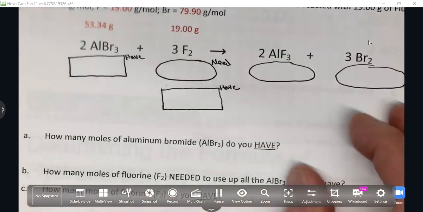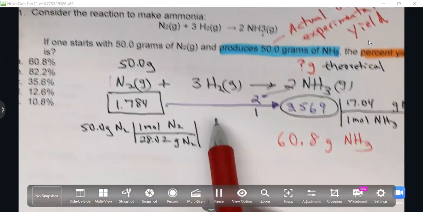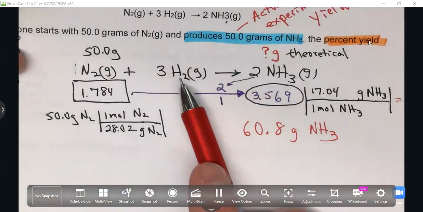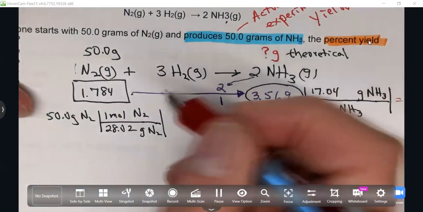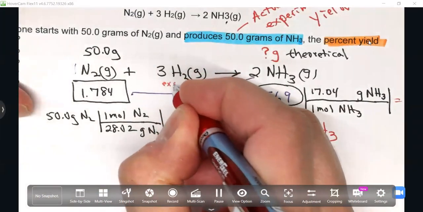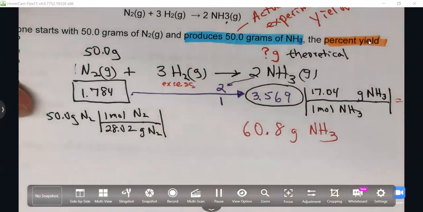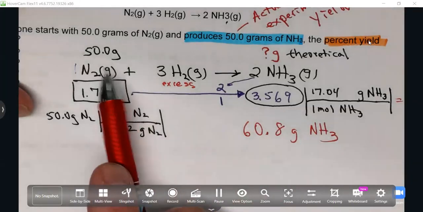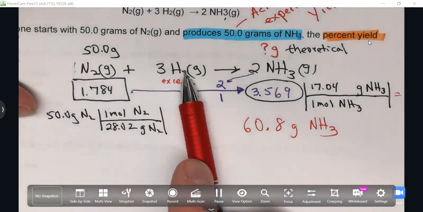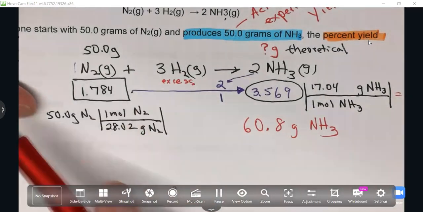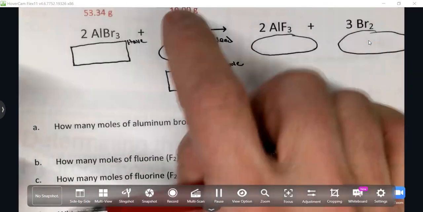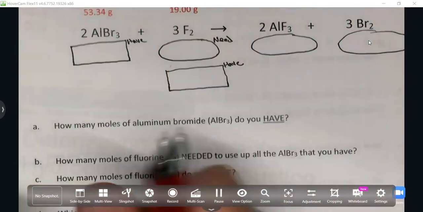Now, the problem we just did on the quiz didn't bother to mention hydrogen, so you're assuming that you have enough, where typically they say there is excess hydrogen. If you're only given grams of one reactant, we don't worry about the other one running out. We don't have a limiting problem. But if you're given grams of both reactants, you have a limiting problem.